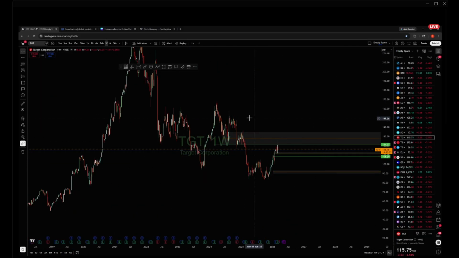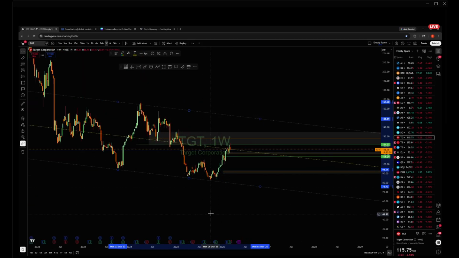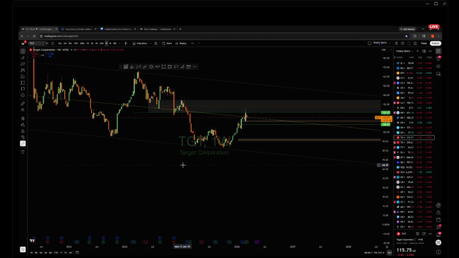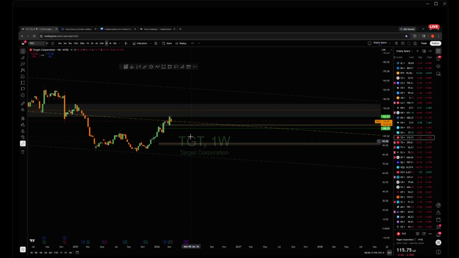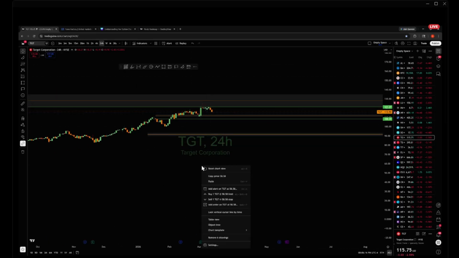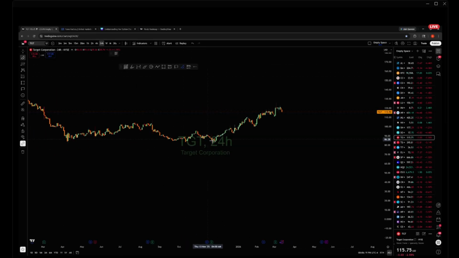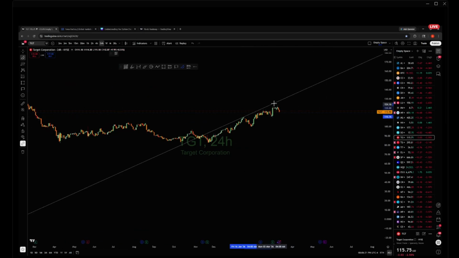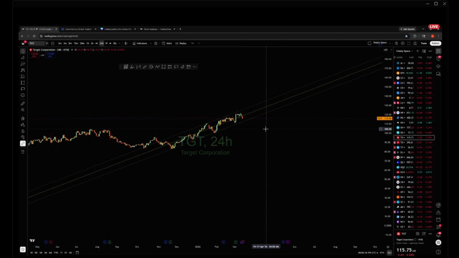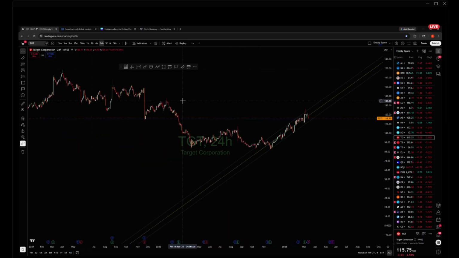Something that's in a very large downtrend will also build lower time frame uptrends. So it's in an overall downtrend that doesn't break or change, but can take lower time frame uptrends.